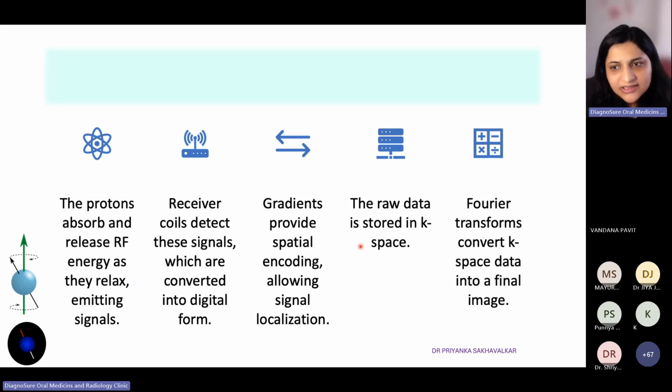Gradients applied during the scan provide spatial encoding, which allows for the localization of these signals within the body. The raw signal data is initially stored in the data matrix or K-space. To create the final image, Fourier transform converts the K-space data into the final image, resulting in a good visual image that we can see and analyze.